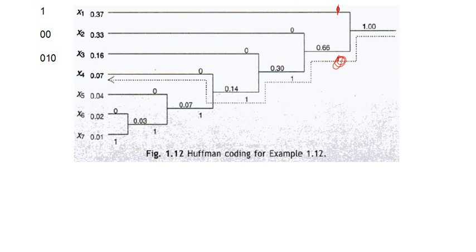And x4 is assigned with 0, 1, 1, 0. Next x5 is 0 1 1 1 0, 0 triple ones 0.